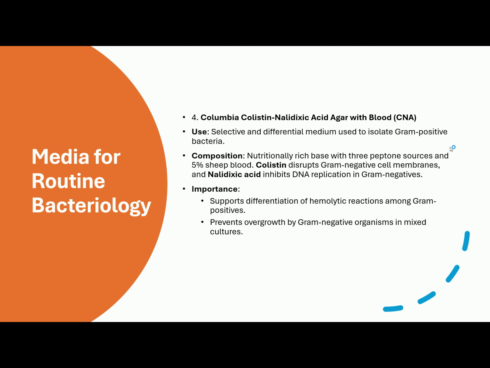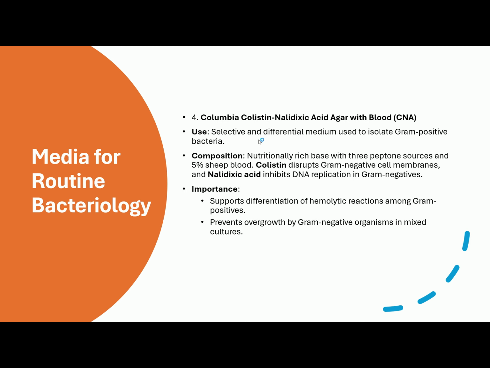It contains antibiotic colistin, which would disrupt the gram-negative cell membrane, and nalidixic acid, which inhibits DNA replication in gram-negative. So your CNA is designed for isolating gram-positive. It prevents the growth of gram-negative bacteria through the help of these two antibiotics.